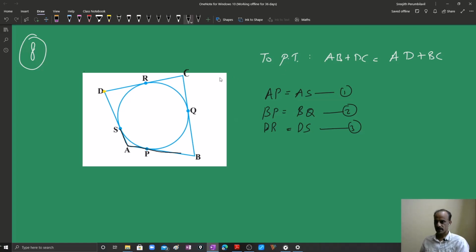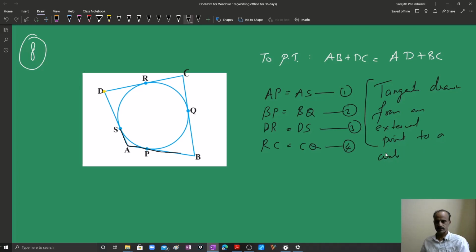On the same side, I get parts of DC, that is DR. Now RC should come. RC is equal to CQ. What is the reason for all four? Nothing but tangents drawn from an external point to a circle are equal.